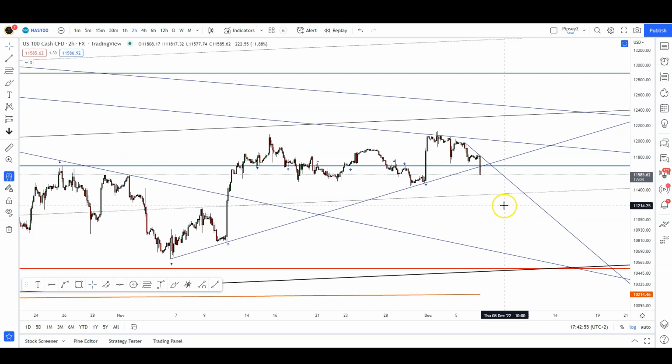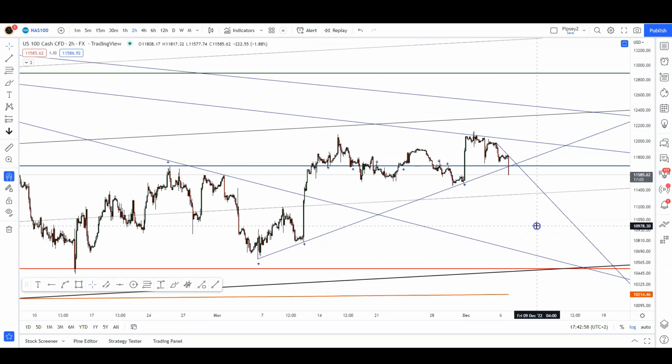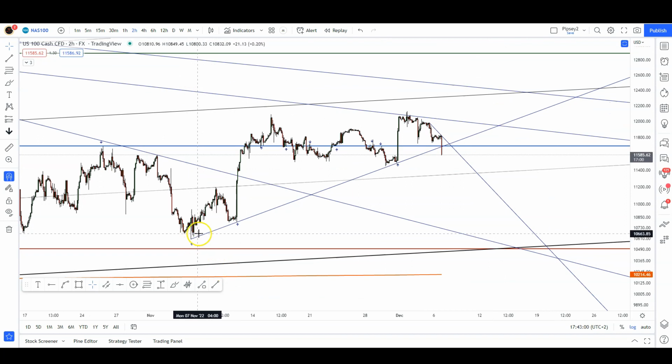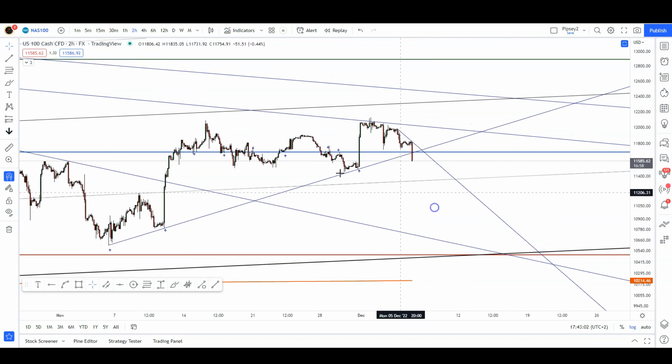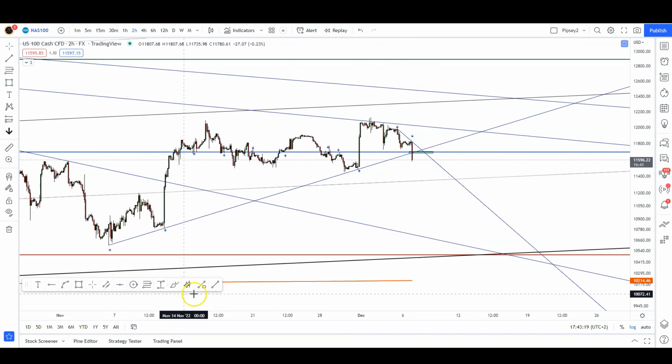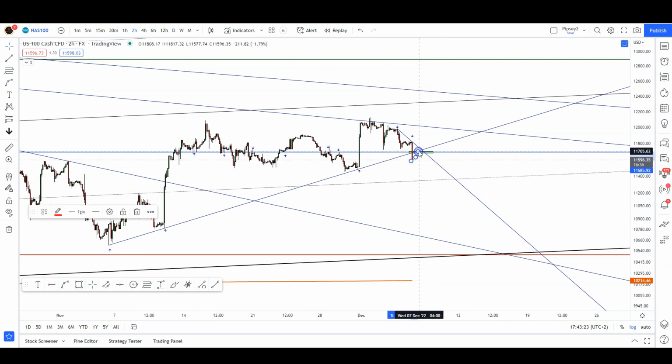So what I'm looking at now is this area that I showed you guys, support, resistance, this broken trend line of support that has the potential to now become resistance, this trend line of resistance, because it has the potential to pull back.